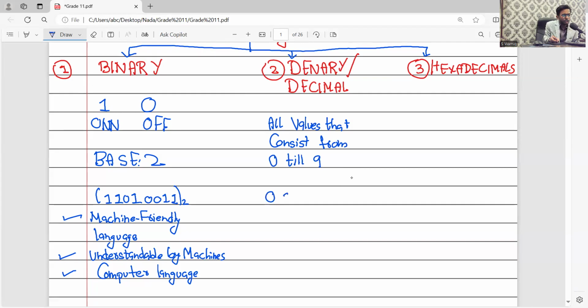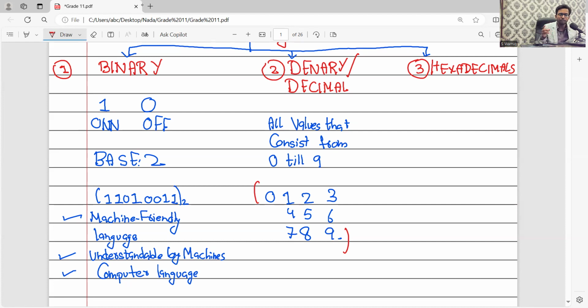That makes it 0, 1, 2, 3, 4, 5, 6, 7, 8, 9. So these are all of the 10 values of decimal. And you need to understand one thing right here, that these are not 9 values, these are 10 values.